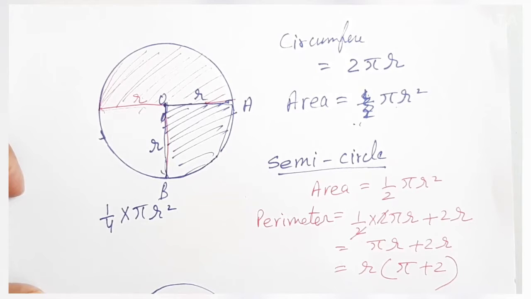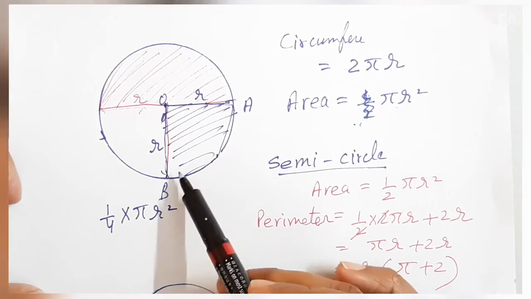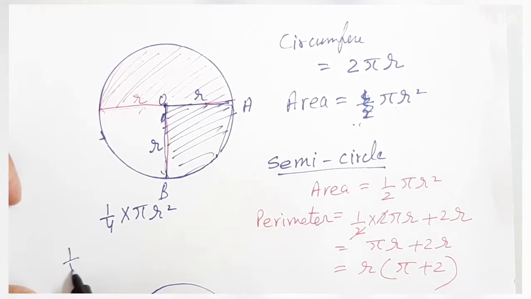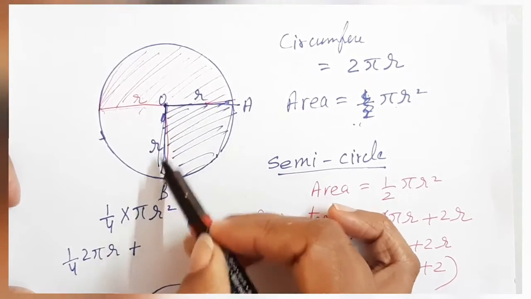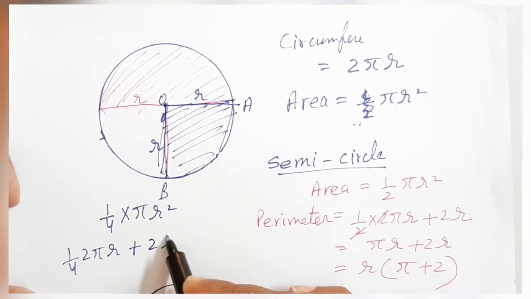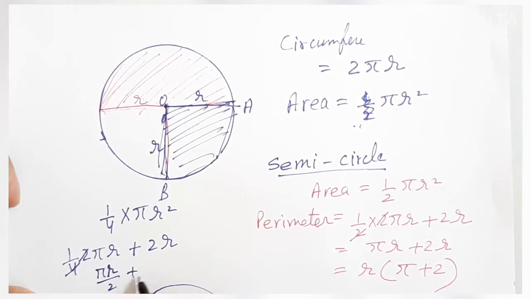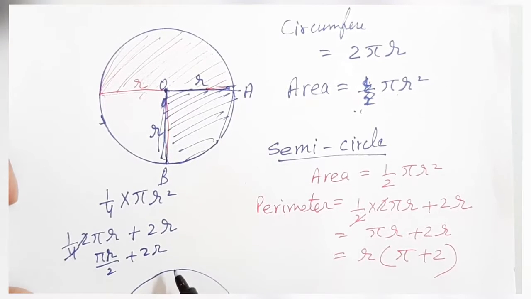Clear? So what will be its perimeter? Yes, its perimeter will be 1 upon 4 of 2 pi r plus the length of the two radius, that is 2r. Now here again this will get cancelled. So it is pi r upon 2 plus 2r. Now students, here we can take 2 common or pi common. Clear?